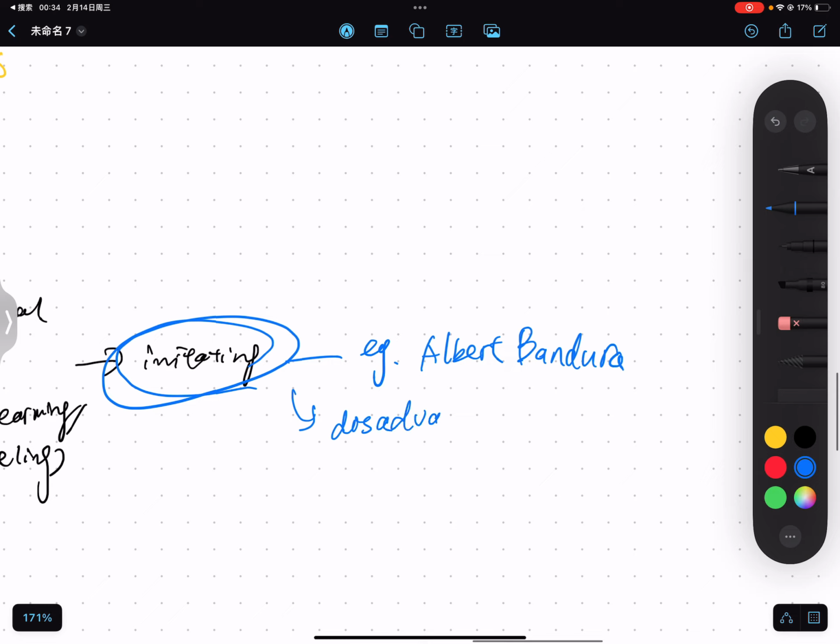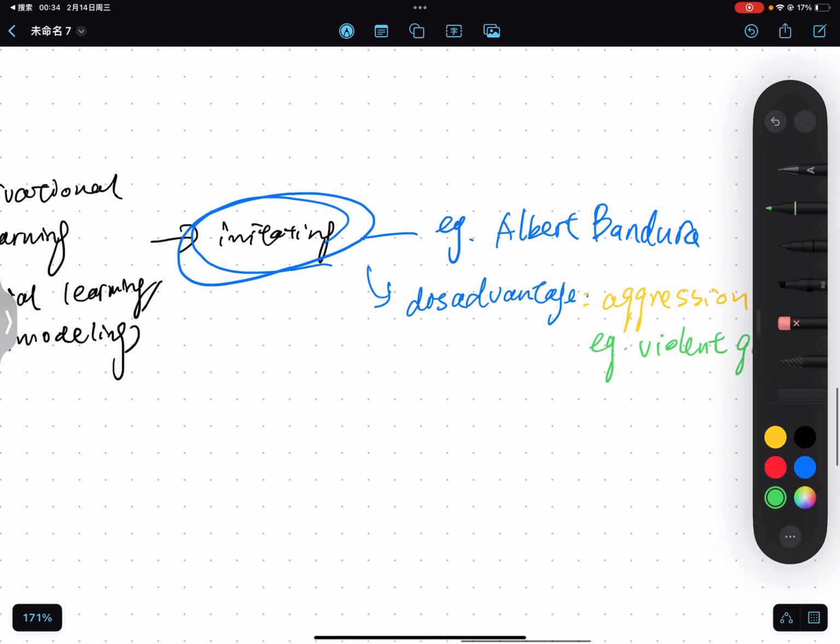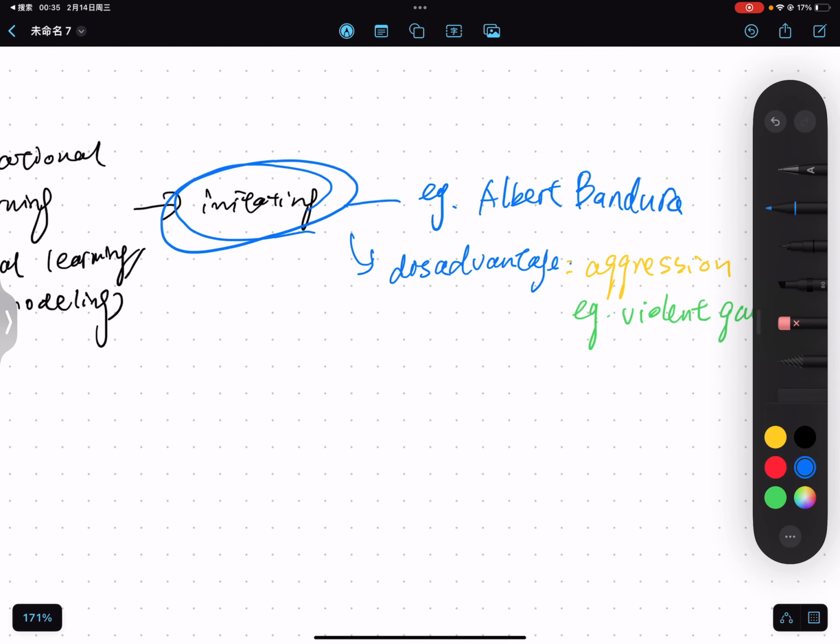It will make children more aggressive. Just take the example, if people always play violent games, they will become more violent and get used to violence in the scene and put it into reality.